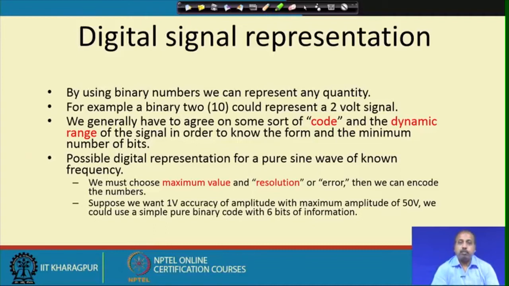If we say that minus 25 volt I will represent as 0, then minus 24 volt I will represent as 1, minus 23 volt I will represent as 2, and like that. If we think about this type of levels, then for this minus 25 volt to plus 25 volt, this 50 volt range, I will have 50 different levels of the signal that we can get, if we think about 1 volt accuracy.